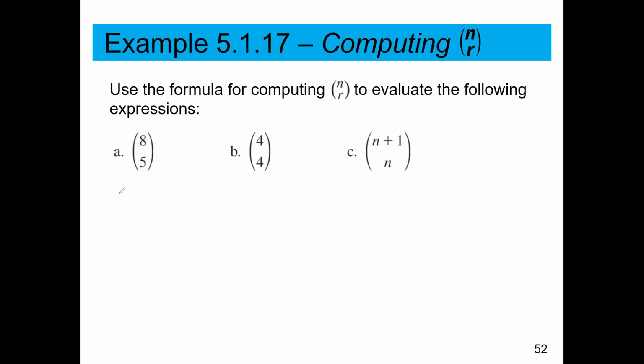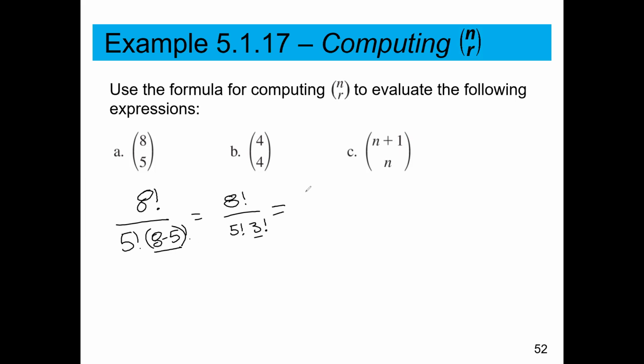This first one would literally be 8 factorial, so you put the first number on top over 5 factorial times 8 minus 5 factorial. So that is going to be 8 factorial over 5 factorial times 3 factorial, because that's what 8 minus 5 is.